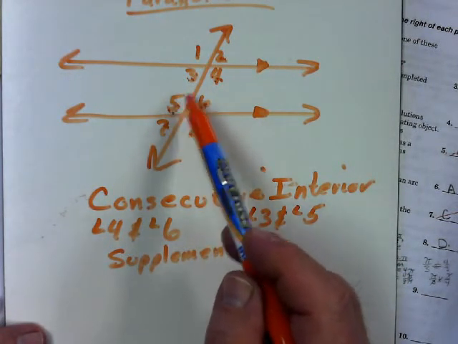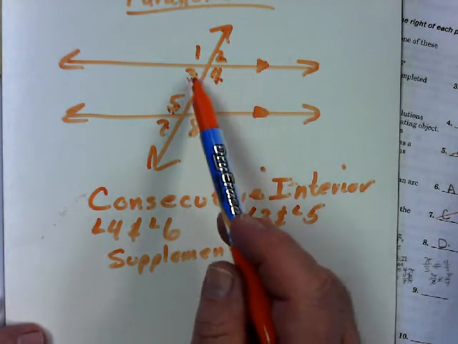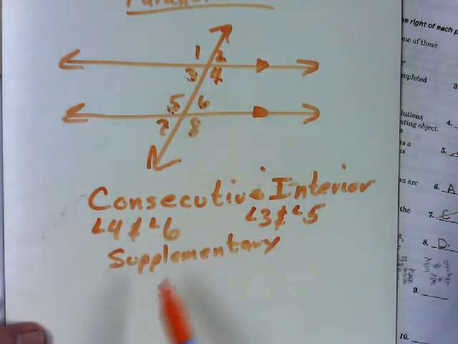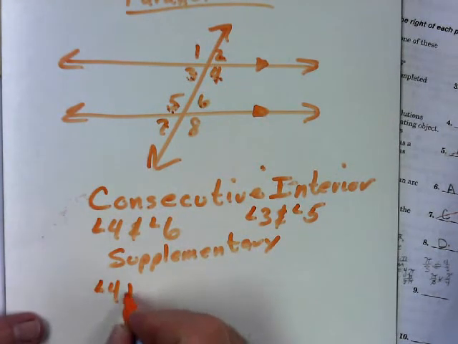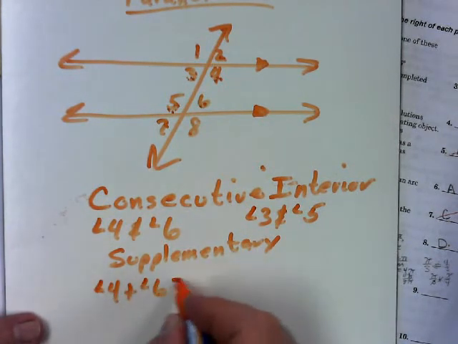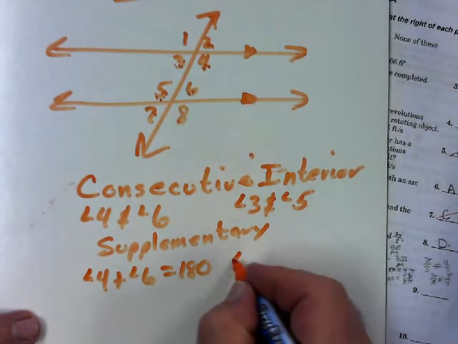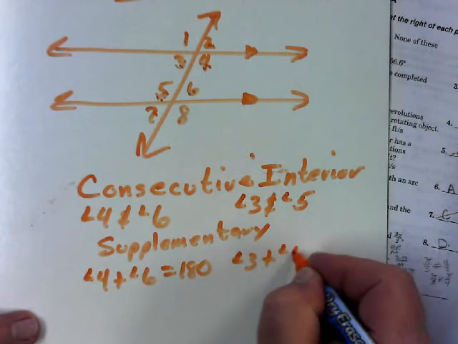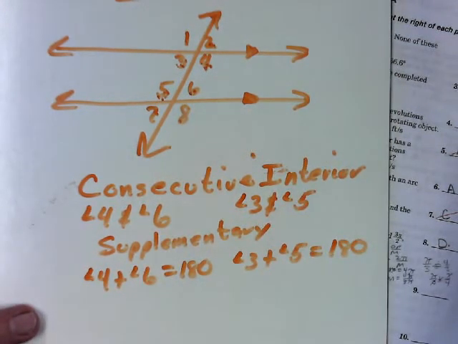Couldn't I replace the 5 with a 4? Right? So 3 and 5 have to be supplementary. So angle 4 plus angle 6 would equal 180. Angle 3 plus angle 5 would also equal 180. Okay?